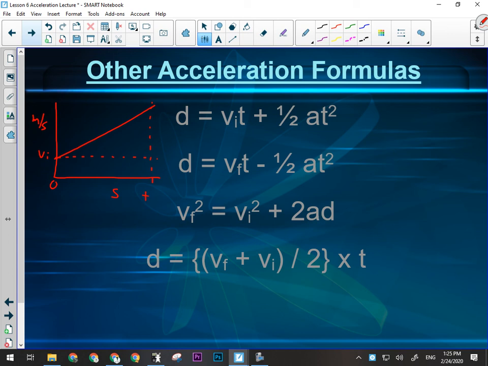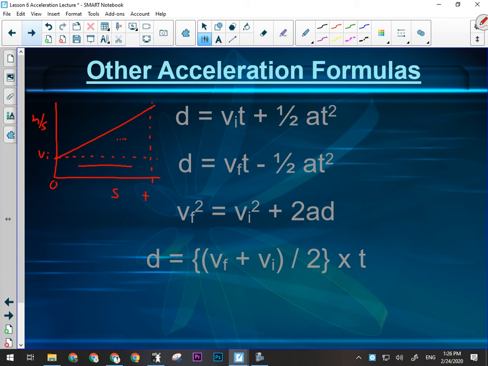Well, VI times t is calculating the area of that rectangle, is it not? It's base times height. And then there's this 1/2 AT squared. That's actually calculating the area of this triangle. It's 1/2 of essentially the base times the height, but it's written differently: time squared times acceleration. It's still calculating the area of this triangle.